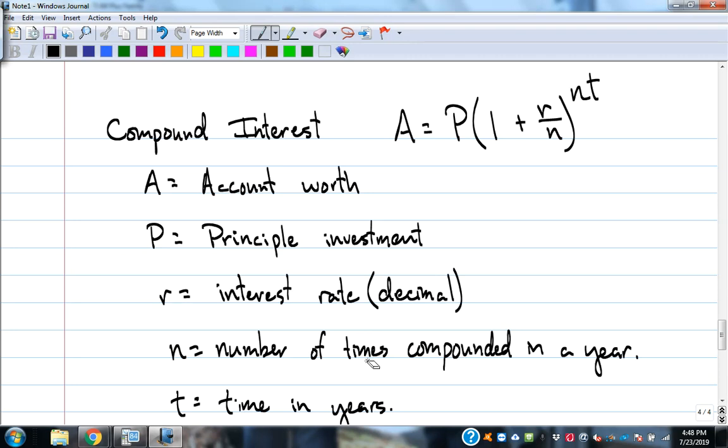The number of times compounded in a year, that's if it says quarterly, which is common for savings accounts. Well, how many quarters are there in a year? There are 4 of them. That's what makes it called a quarter. 4 quarters in a dollar. Quarterly is 4 times.